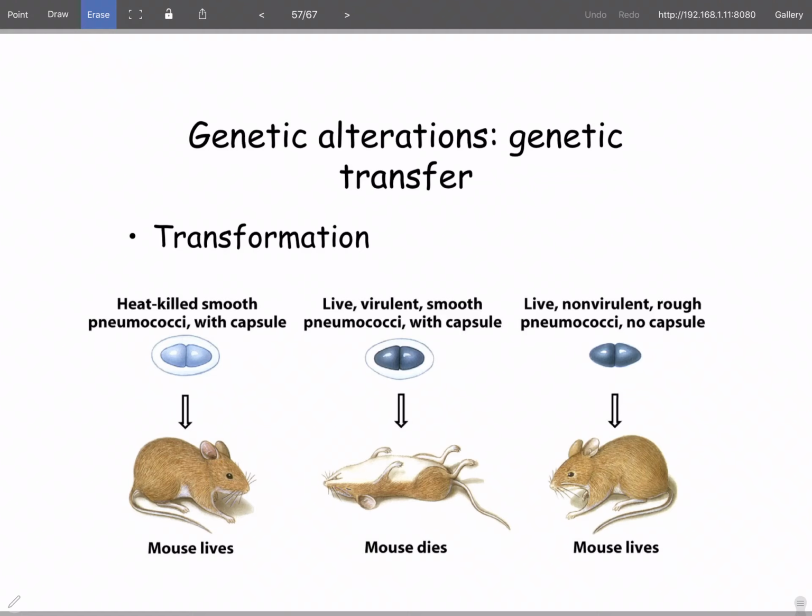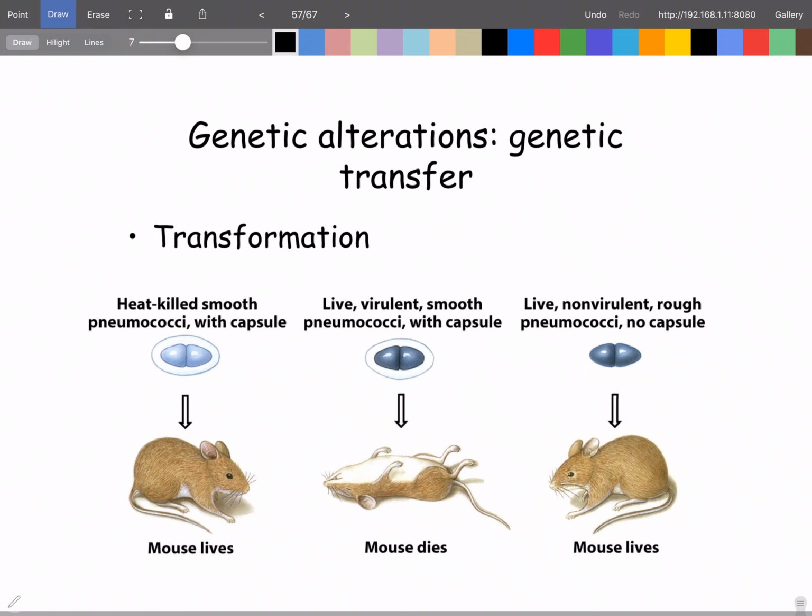Of course, daughter cells inherit genetic material from their mother cells or parent cell. So there's vertical transmission of genetic material, but there can also be a lot of lateral transfer going on in prokaryotes.